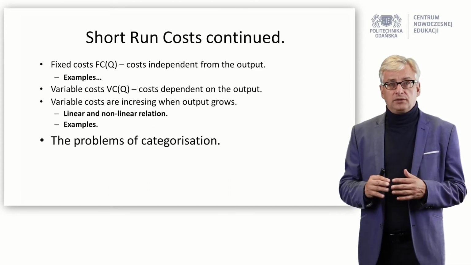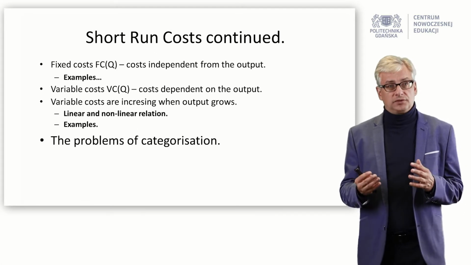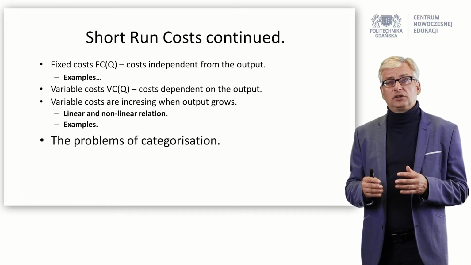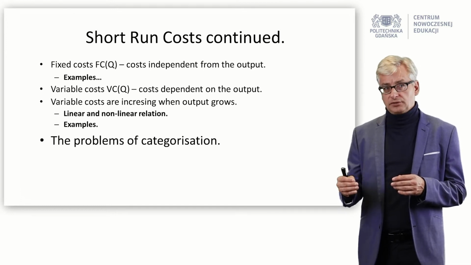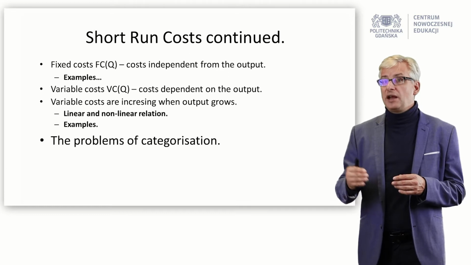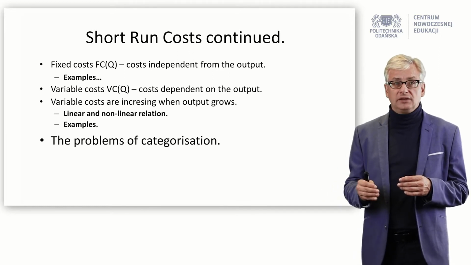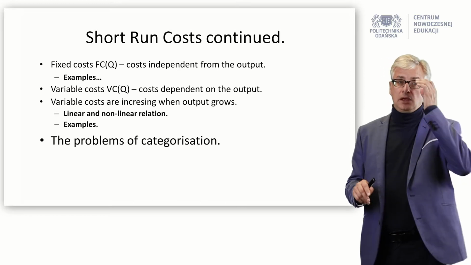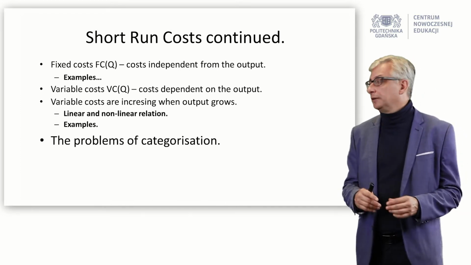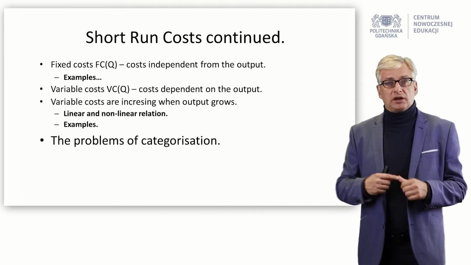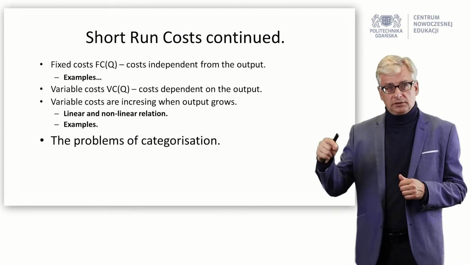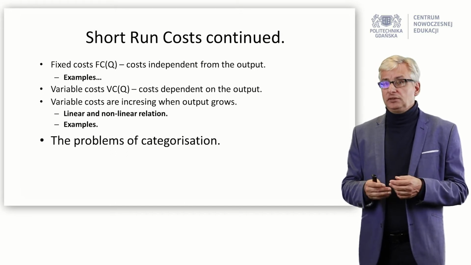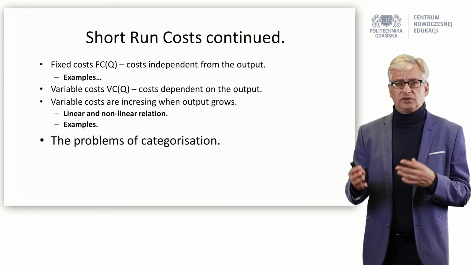Fixed and variable costs. What's the difference between those two categories? Fixed costs are costs that are independent from your production. So no matter whether you produce more or less, fixed costs wouldn't change because of that. Among the examples you can find property tax. You pay the tax on your property when you run a business, and it doesn't matter whether you produce a lot or nothing.